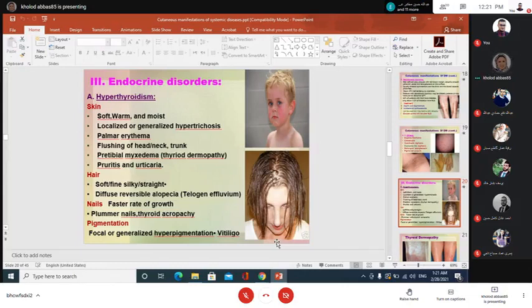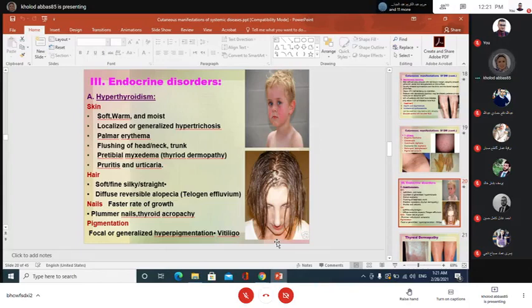Hair, we have soft, fine, silky, striated hairs. We have a condition known as diffuse reversible alopecia, telogen effluvium, chronic telogen effluvium. Nail growth usually has a faster rate. We have plummer nails and thyroid acropathy.